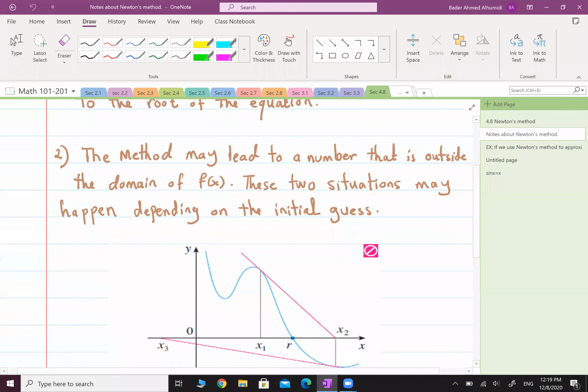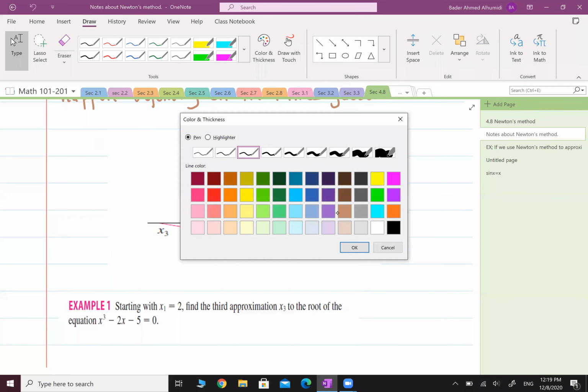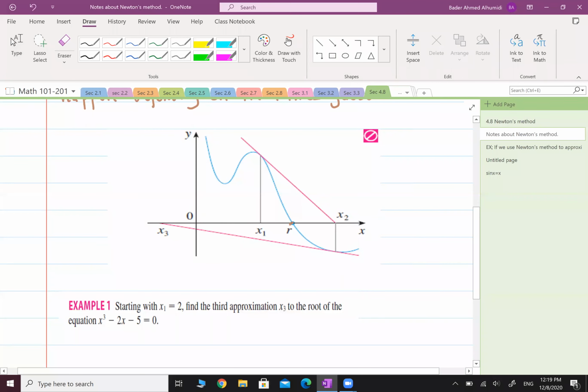Okay, to see this point, let us look at the graph given here. Notice, for example, this is our root R here. Although we are so close to the root in the initial guess, see what happened in the process which is called the Newton method. We said when we go to x1, we need to go to the graph and draw this line which is called the tangent.